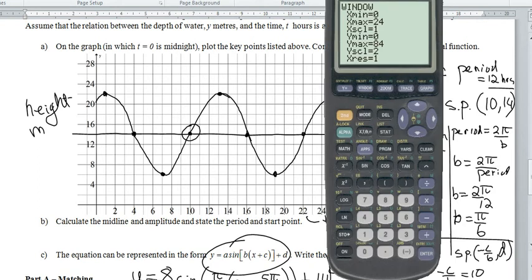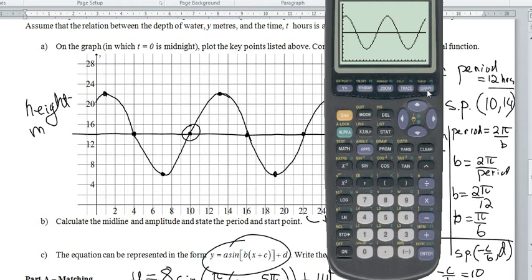Yeah. Okay, so 0 to 28 by 2s, graph. Does that look like what we got? Pretty much, right?